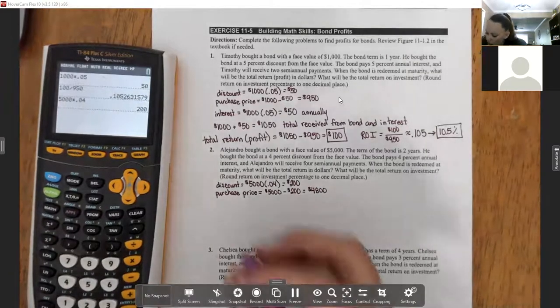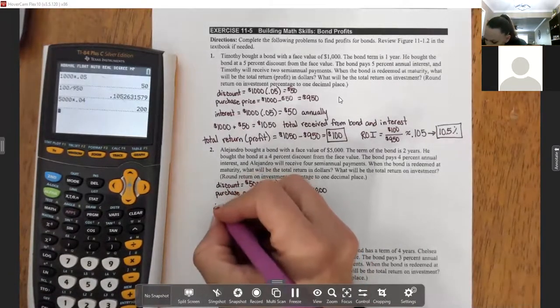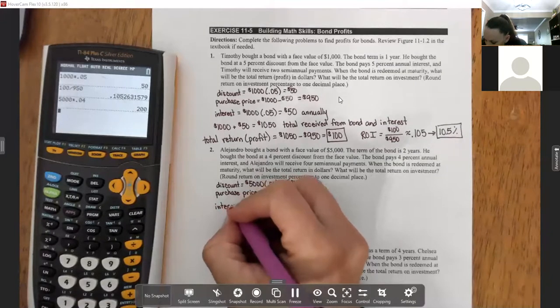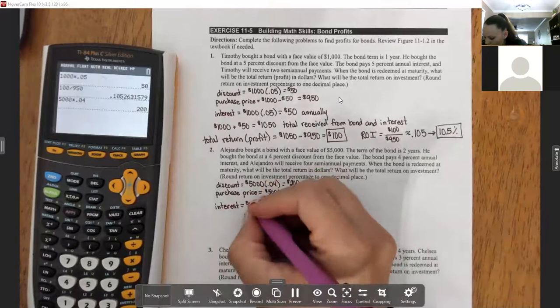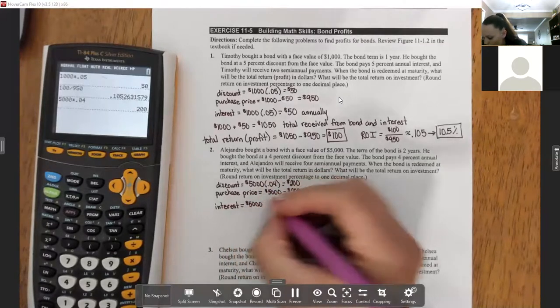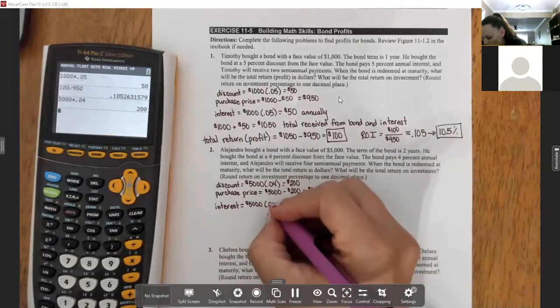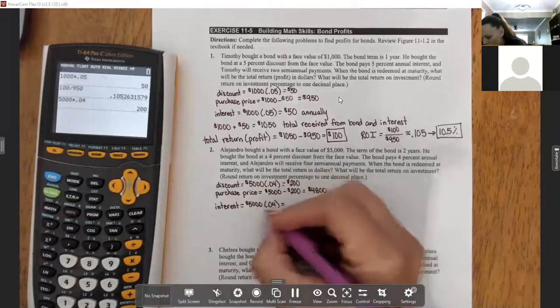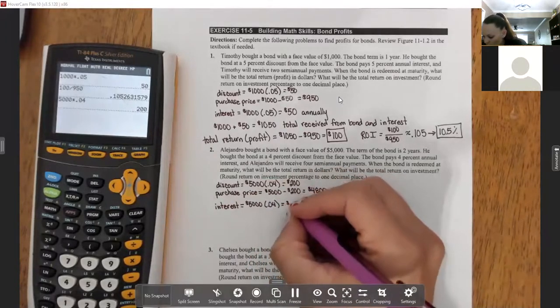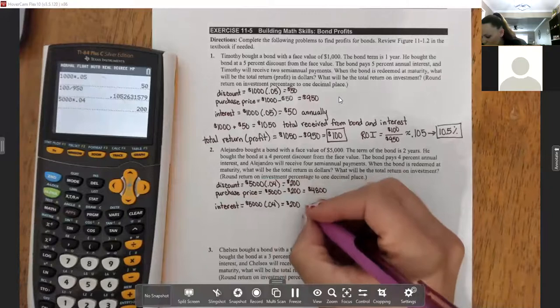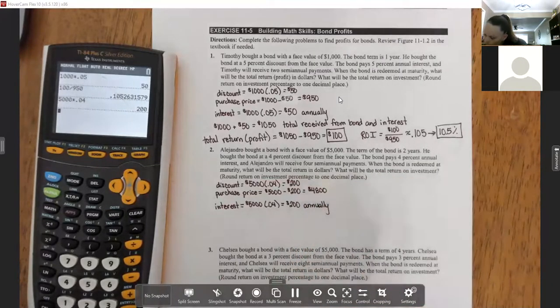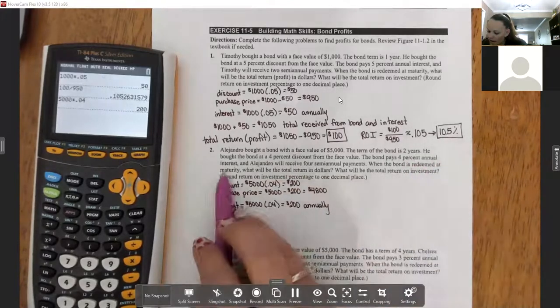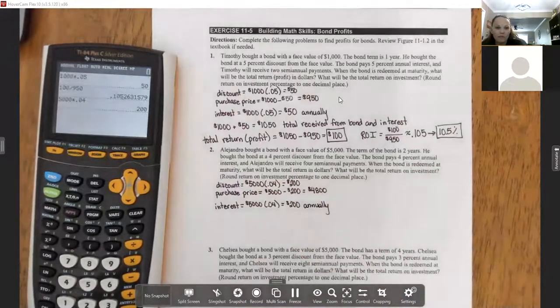Okay, so then we're going to do his interest. So 5,000 times 0.04, that's also $200. Remember, that's annually. Because it's 4% annual interest.